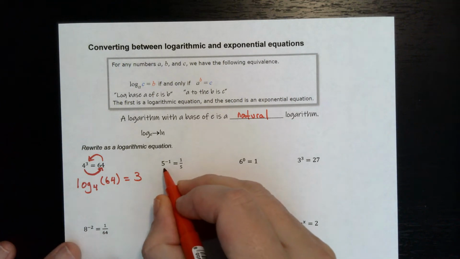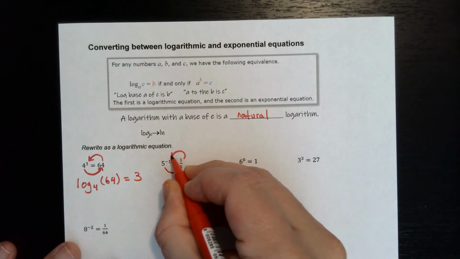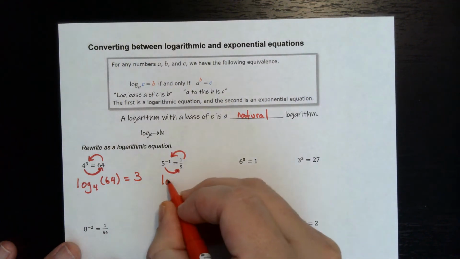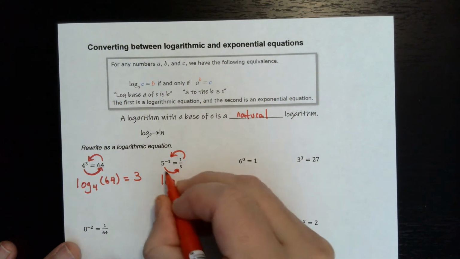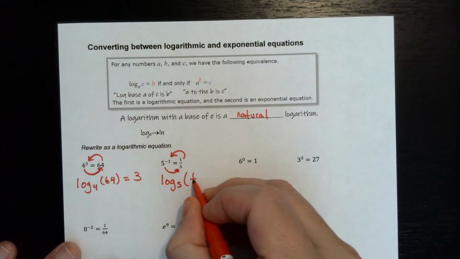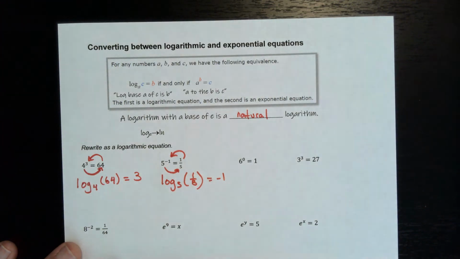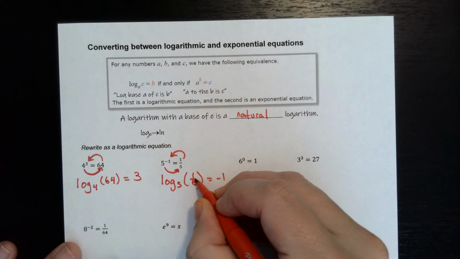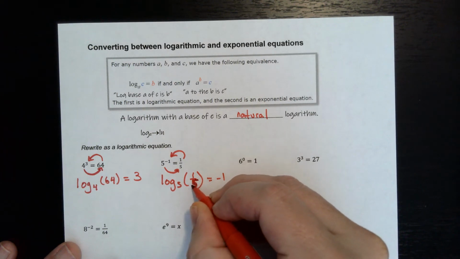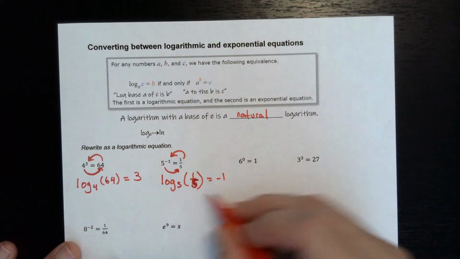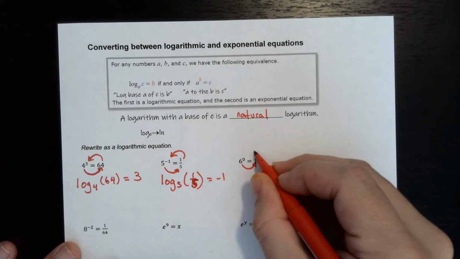Let's take a look at this one. We'll use the circle method again. So that will be log base 5 of 1/5 is equal to -1. Sorry, I kind of messed that 5 up there. There we go. So that's the relationship. Here's another one.